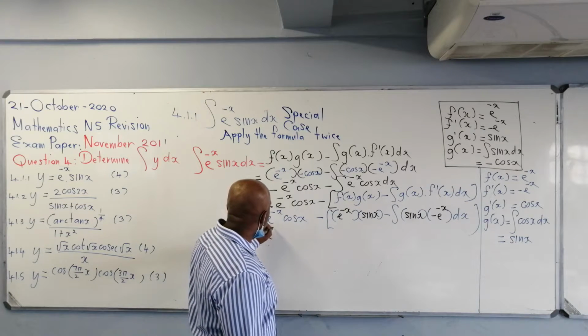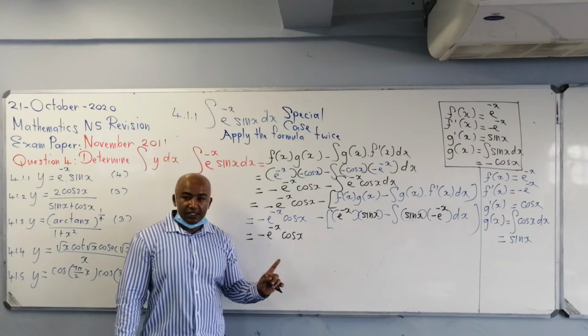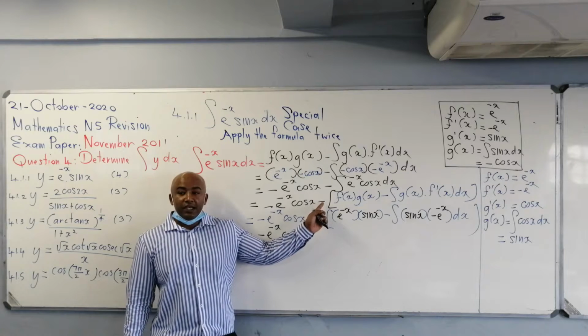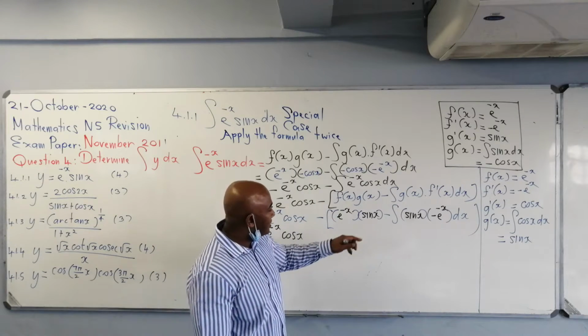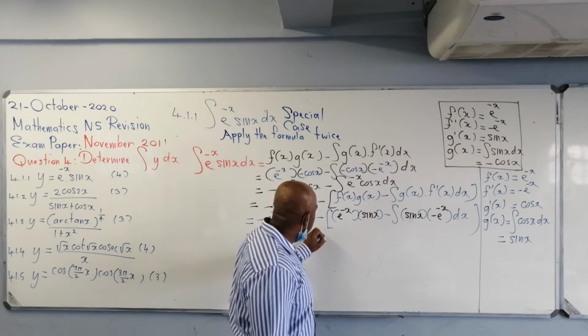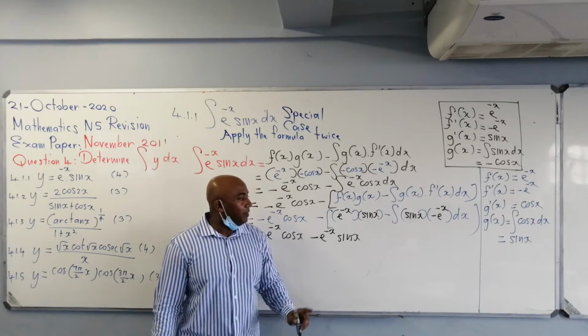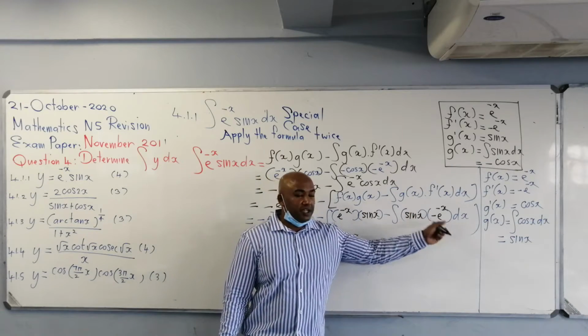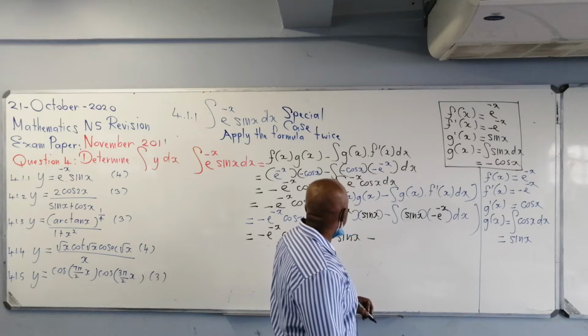We get minus e to the power minus x cos x. Now you can see that negative, I told you to introduce a bracket. Now the negative affects everything inside there. So that will be minus e to the power minus x sin x, and then a negative times this negative times the negative again. Three negatives will give you a negative.